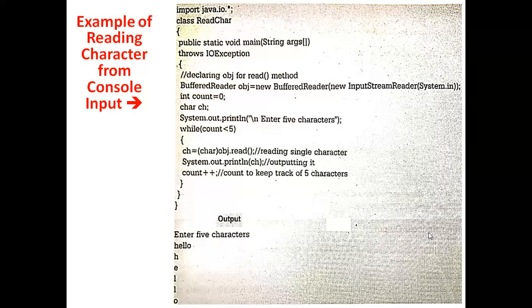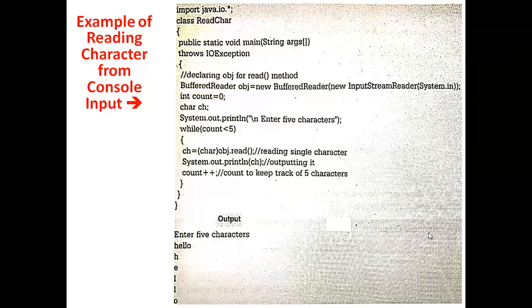Now with System.out.println, I am printing each character entered by the user. I am printing ch on the output screen, and every time the count will be incremented until the 5 characters are taken from the user.